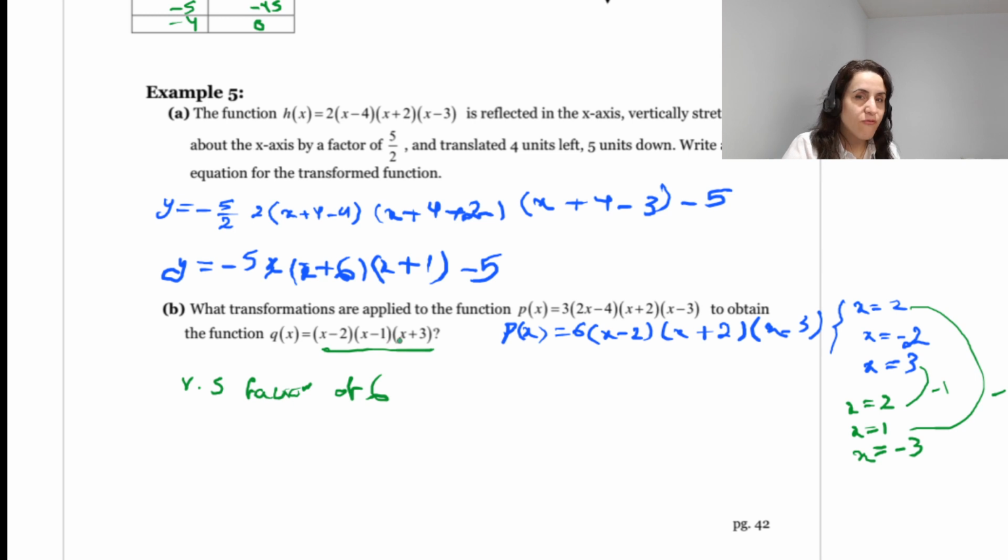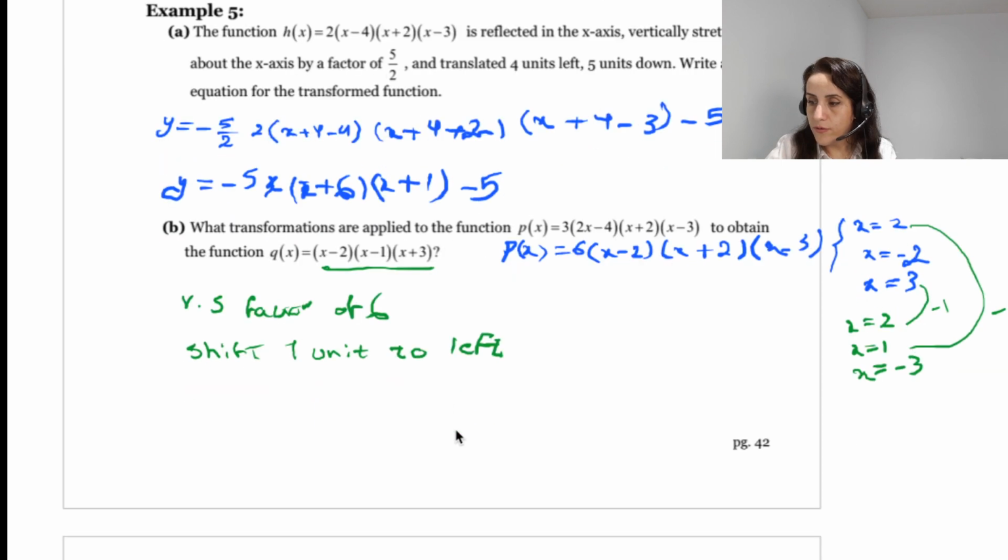That means 1 unit to the left. And shift 1 unit to left. And that's it for this one. It was just two transformations here. That's it.